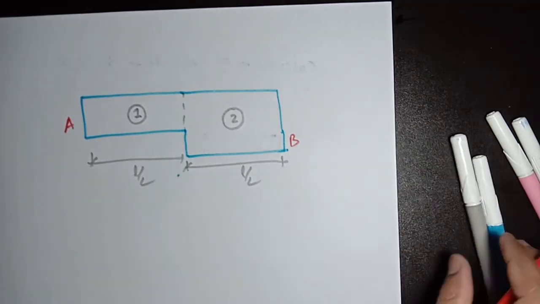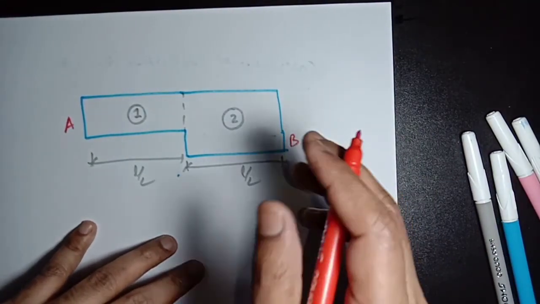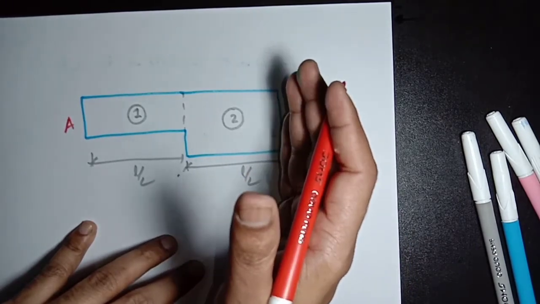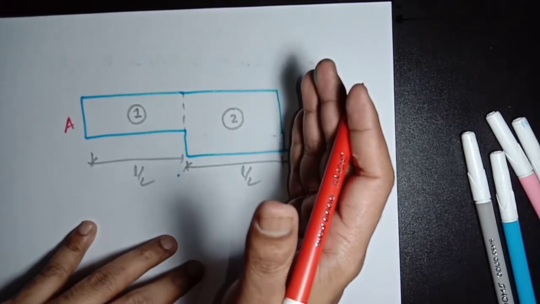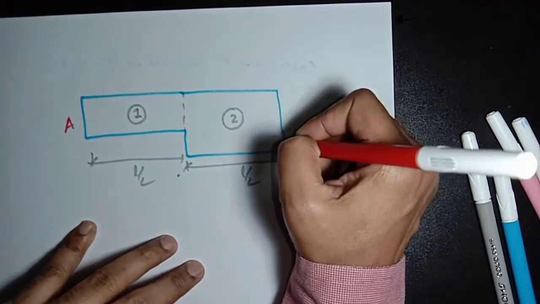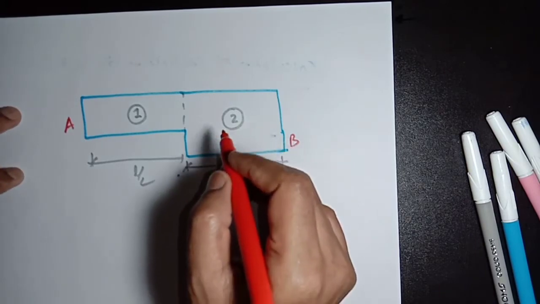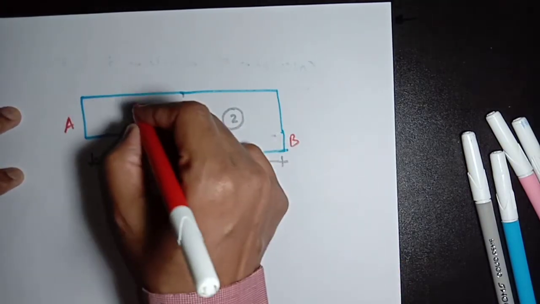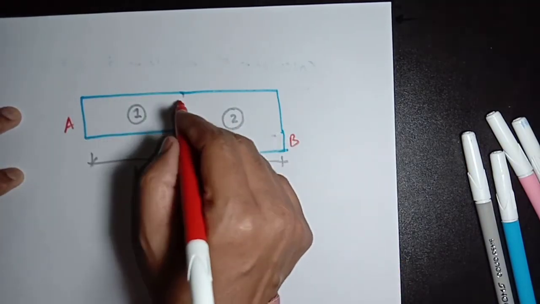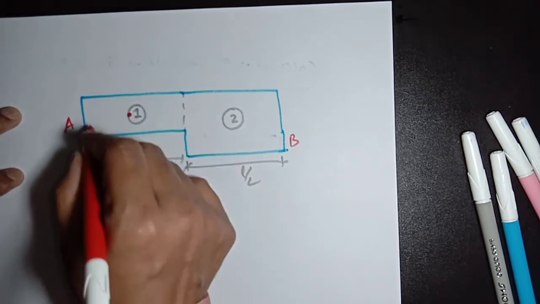The point where we need to find the deflection will be the benchmark for calculating the centroid of any region. This is the benchmark for x1 bar. This is a rectangle, so its centroid will be acting somewhere at the middle of this region.